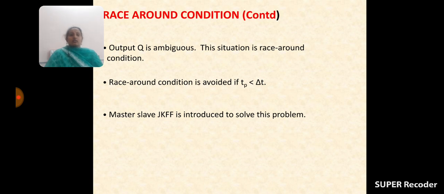This race around condition is avoided when the propagation delay time is less than Tp. This race around condition in JK flip-flop must be avoided with the help of one more flip-flop. The name of that flip-flop is called what?